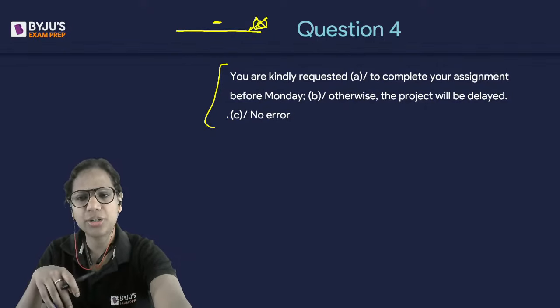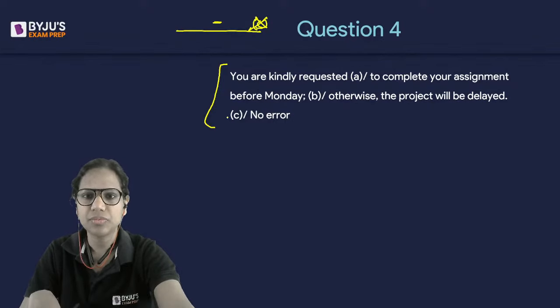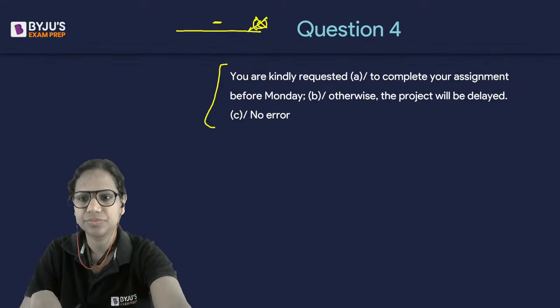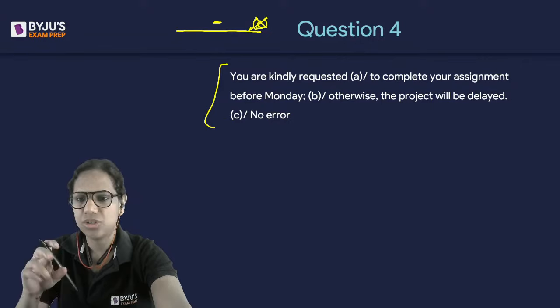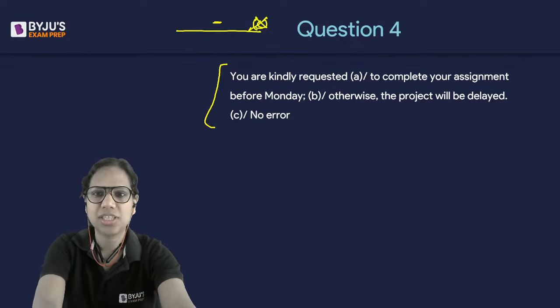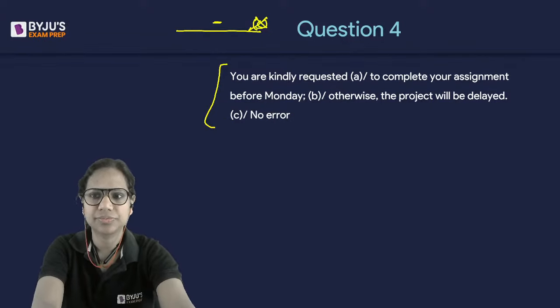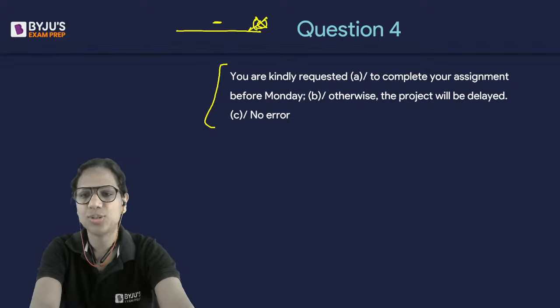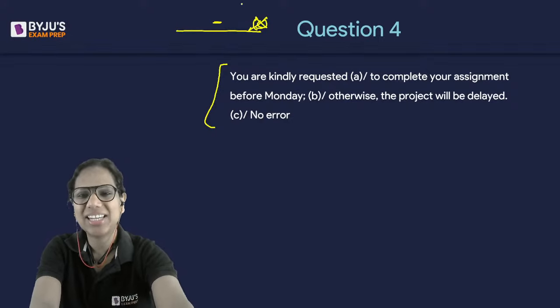Okay, so what is the error, Ujjwal? Angela also says A. What is the error? Pratik also says A. So you have identified the error here.